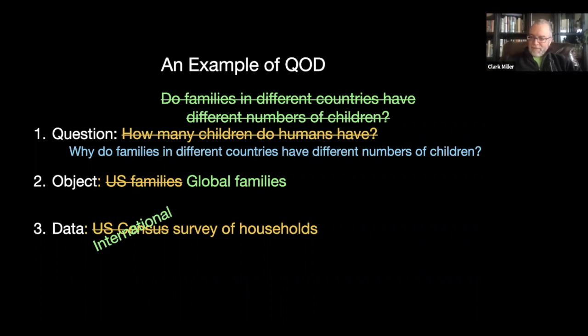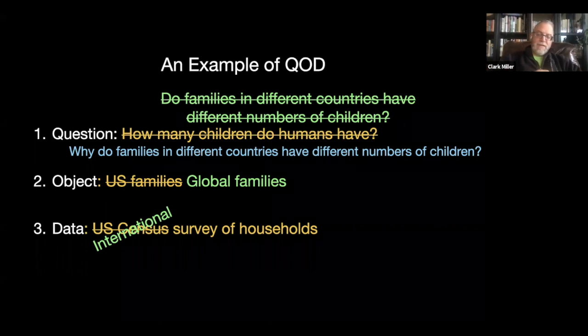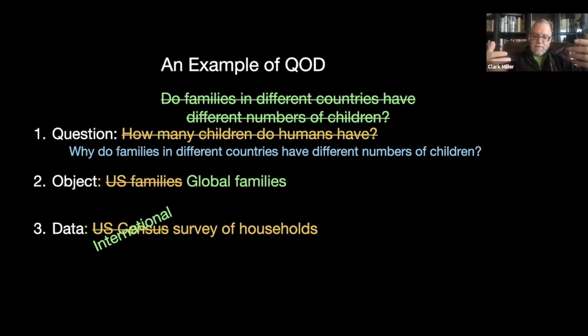But now, right, just with an international survey of households in which we ask people, how many children do you have? It doesn't give us any insight into why they have different numbers of children in different countries on average, right? So now we need a different kind of data.